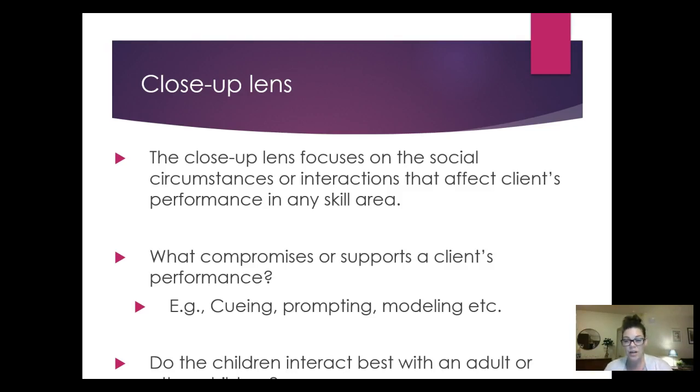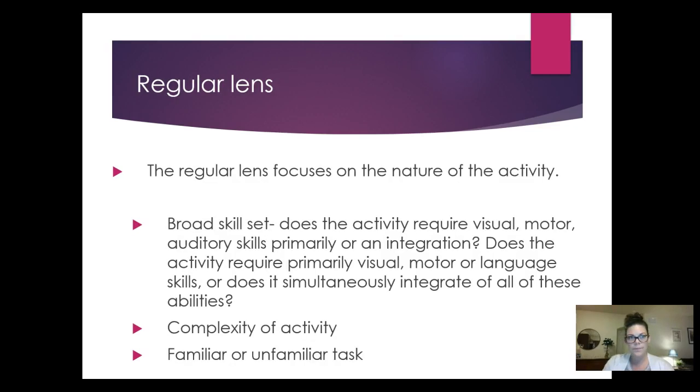Maybe the addition of the person doing their observation really threw off the child. Maybe they were nervous. Maybe they were embarrassed. And so you ask the person who's observing to wait in the hallway, and you notice the child after a few minutes is doing much better. Okay, so that's another close-up lens. You're looking at maybe the social interaction or circumstances that affect the child's performance.